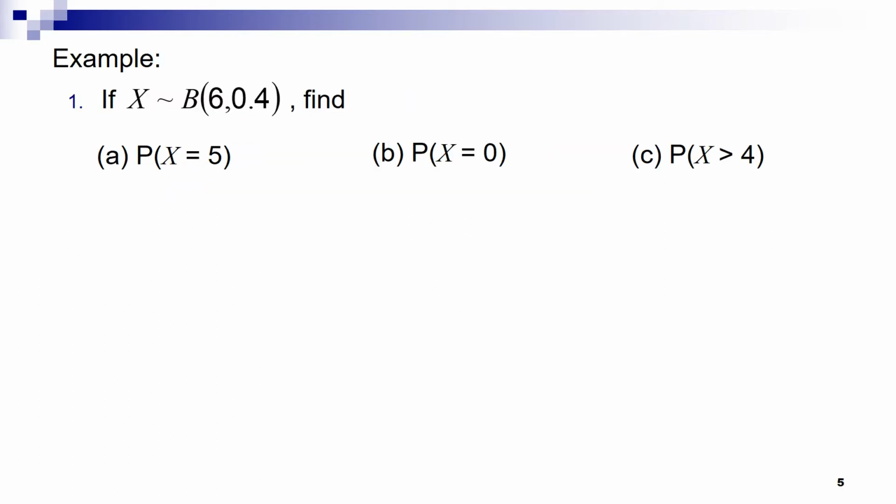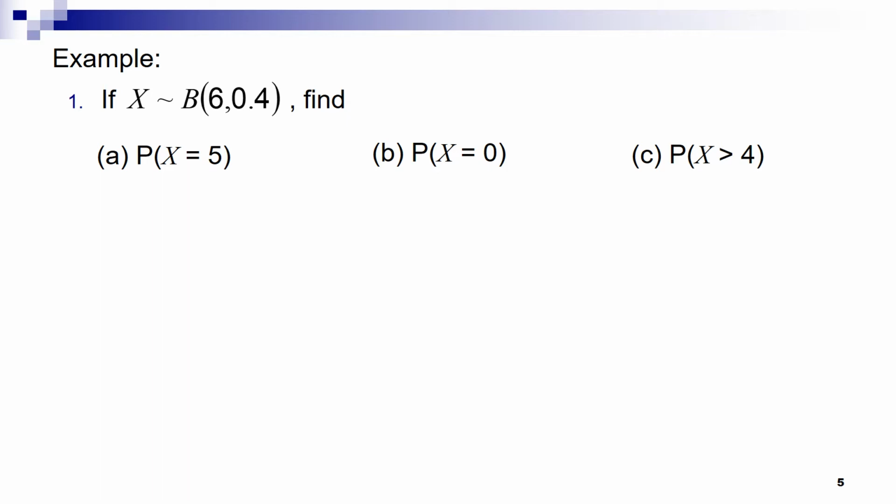Okay, we look at the first example. Look at your handout given in your Google Classroom. So if we have X binomially distributed with 6 as the number of trials and 0.4 as the probability of success, you need to find the probability of X equal 5, the probability of X equal 0, and the probability of X greater than 4.